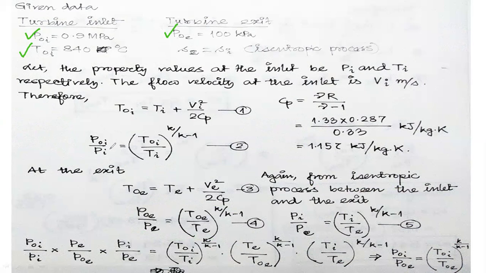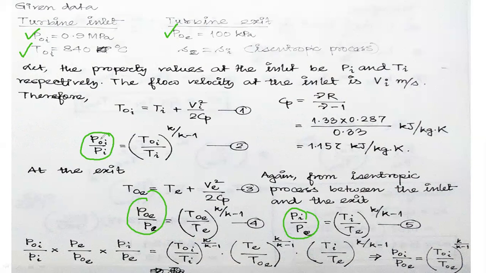So what we do is we multiply the left hand side of all these expressions together and multiply the right hand side of all these expressions together, so that the values Pi, Pe, Ti, Te are cancelled.